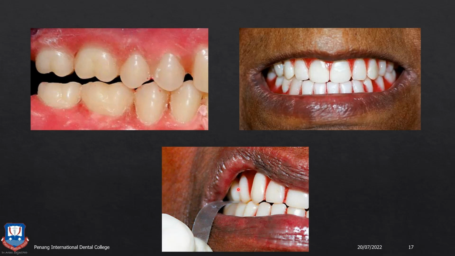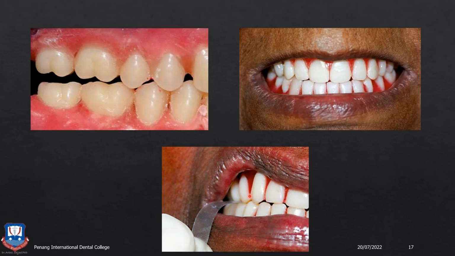Then you have also to check for the vertical jaw relationship. That is, the vertical dimension of occlusion is proper on both sides, that is, in the right and left working side. So you place mylar strips or occlusal shim stock or articulating paper between the teeth on premolars and molars on each side, and you pull it to see whether the teeth are in proper contact or not, whether there are occlusal prematurities or whether the teeth are out of occlusion.